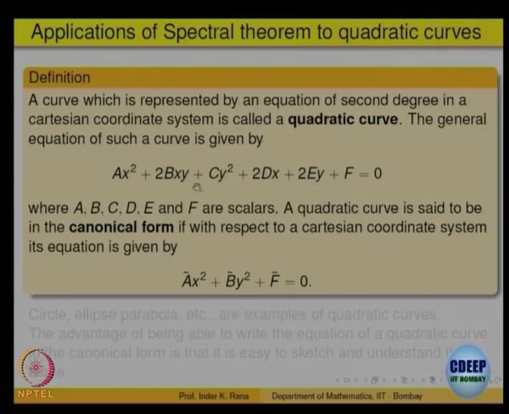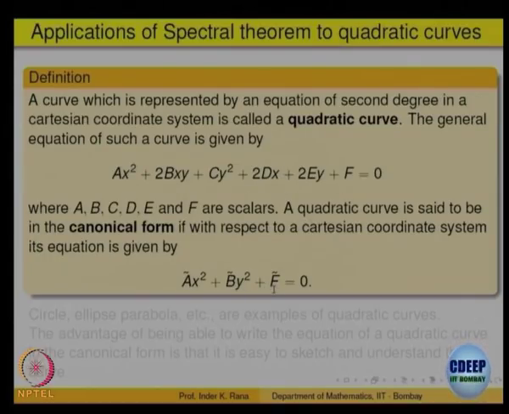So, the question is, if you are given a curve like this, how do I visualize this? What is this curve? I want to visualize this curve, right. So, there are two simplifications one can do. Supposing your equation is such that the xy product term and the x and y terms are 0.